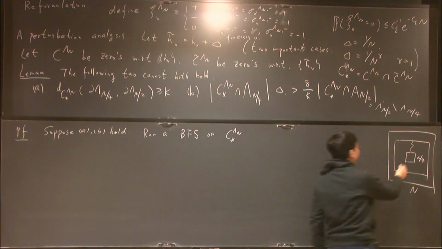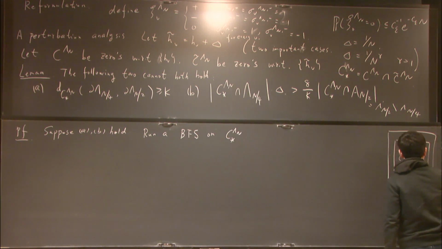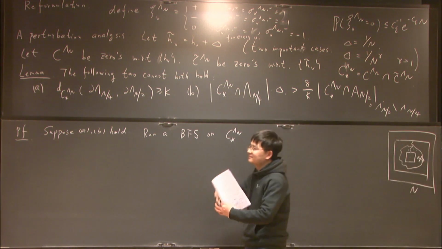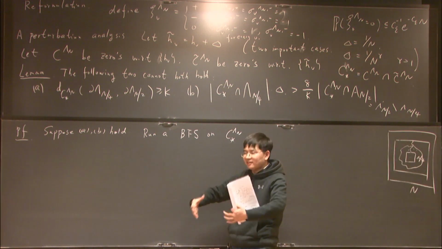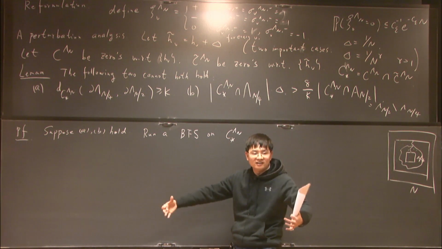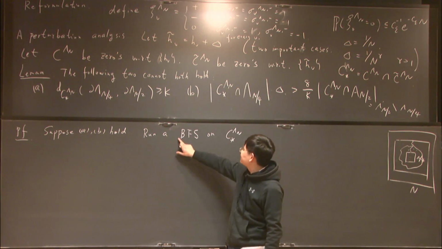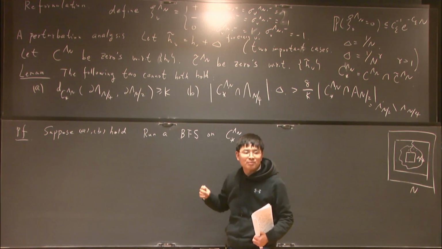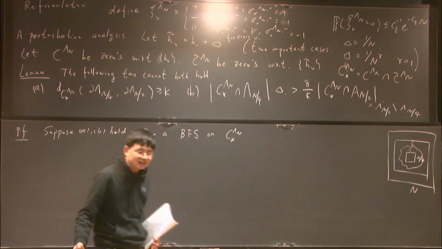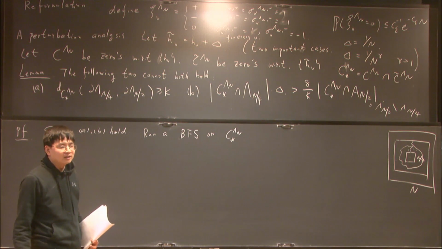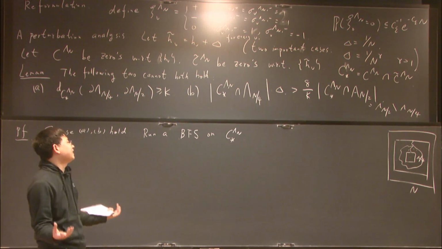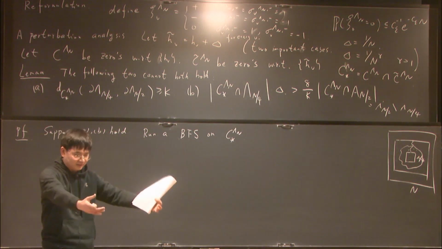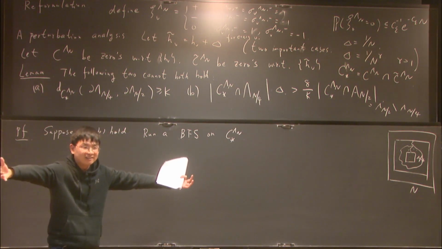So basically, I just explore the vertices in C star layer by layer. Breadth first search: I consider the vertices with intrinsic distance 0, 1, 2, 3, layer by layer.